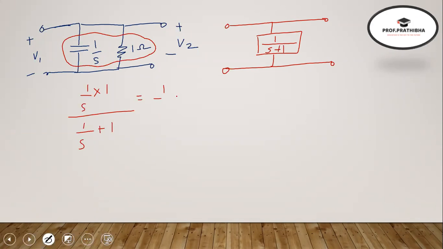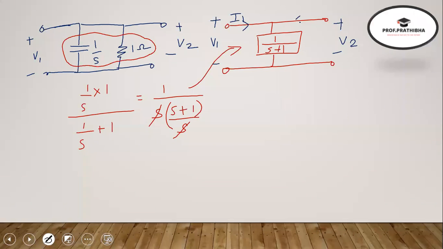So you will get this as 1 upon S times S plus 1 upon S. This will get cancelled, and that's how you're getting this. So we got this. Now we are applying mesh analysis on it. So this is again your plus minus V1, and this is plus minus V2. You can put it as dash also, but I normally want to avoid the confusion.